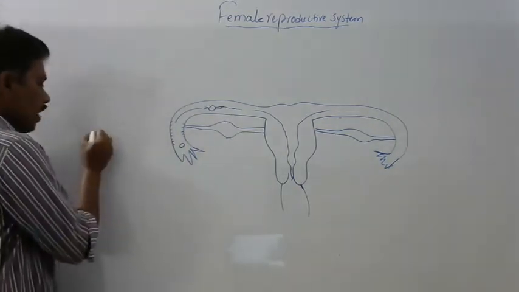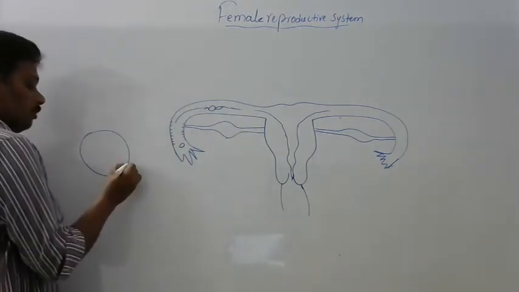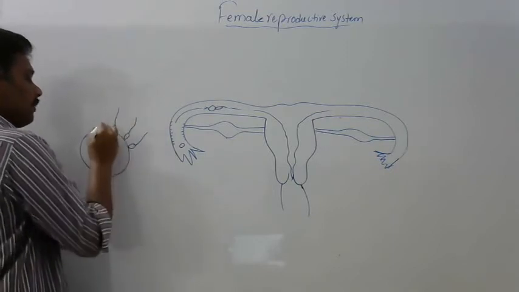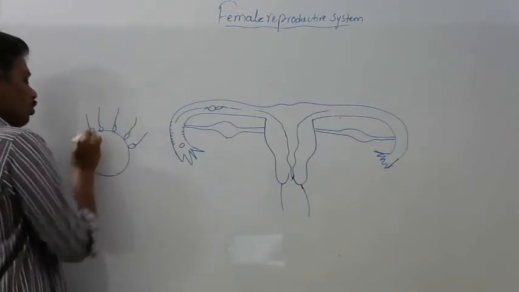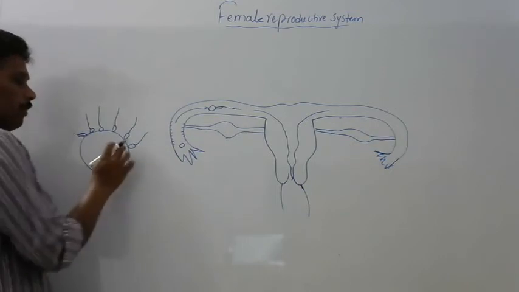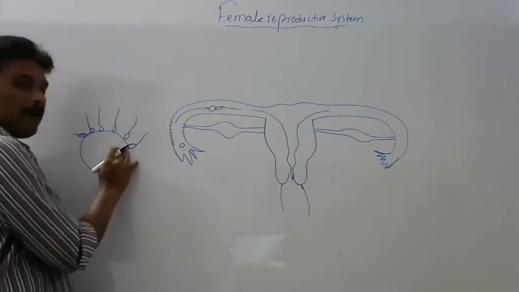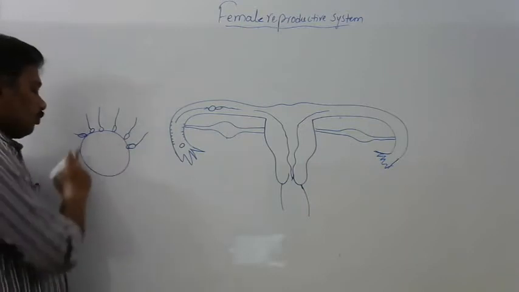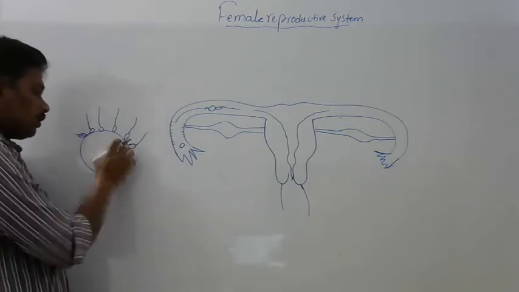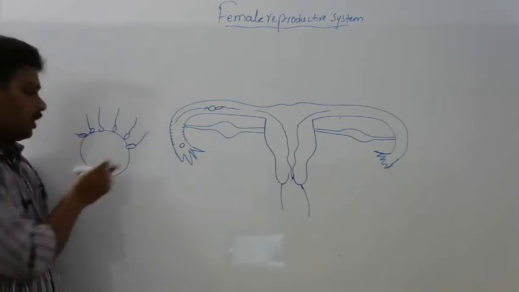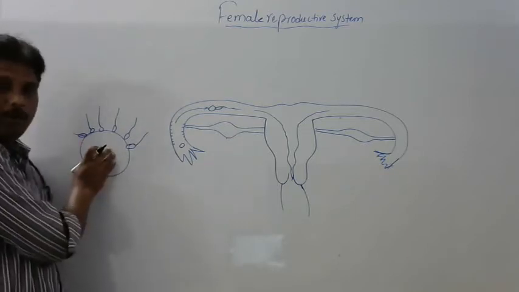After reaching the ovum, hundreds of spermatozoa try to fuse with it, but only one enters with the help of the acrosome, and that spermatozoon releases its nucleus into the ovum.